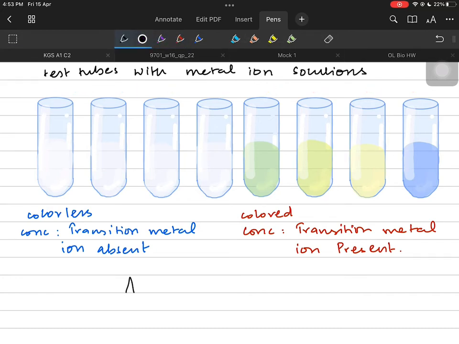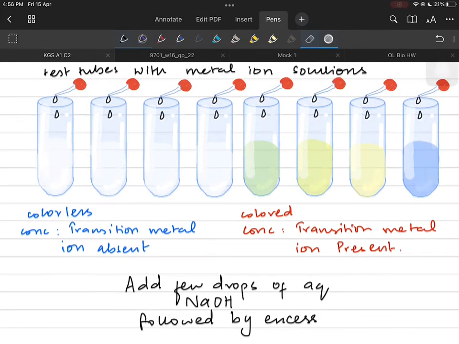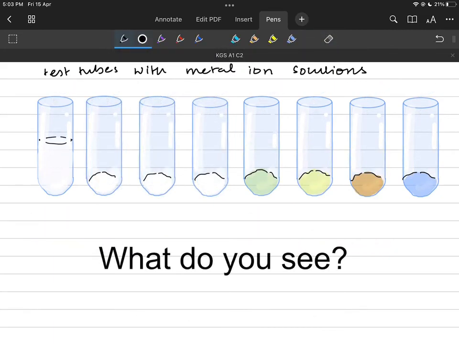Now when we add aqueous sodium hydroxide, we're going to be making some specific observations based on each cation. We don't only add a few drops of the sodium hydroxide, we add a few drops followed by excess, which means 1 or 1.5 centimeter cube. We use a dropper to add a few drops of sodium hydroxide in the first step.